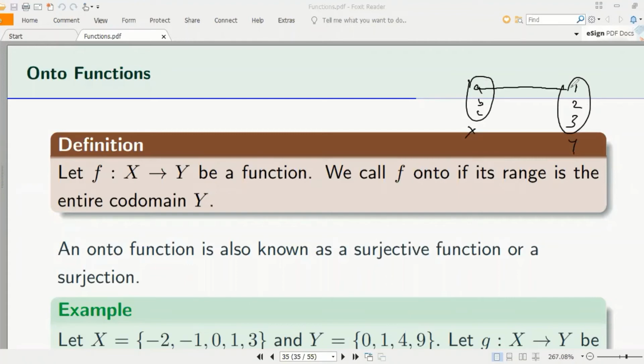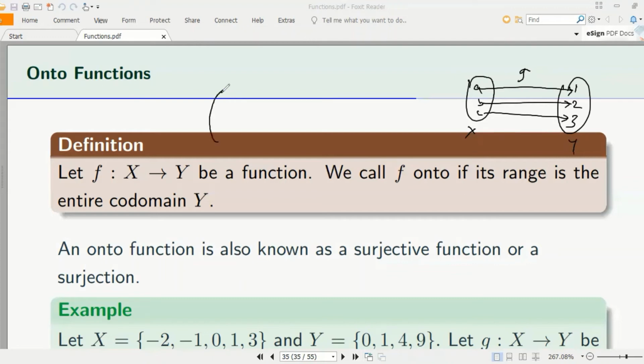This is not here, this is not here. Every element in the codomain is a member of the range. Here, you can see that all elements in the codomain have been assigned an element in X. So this is an onto function. This g is an onto function because all these elements have been assigned elements.